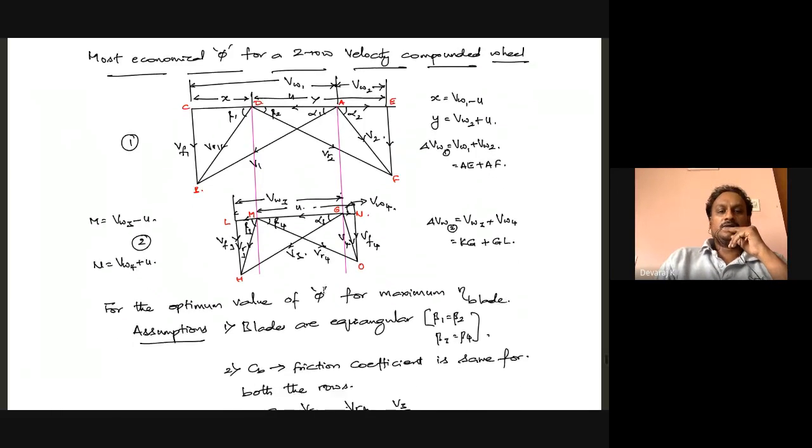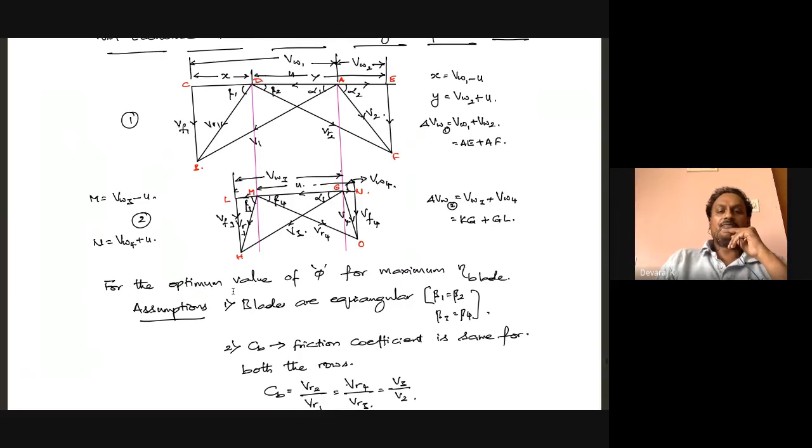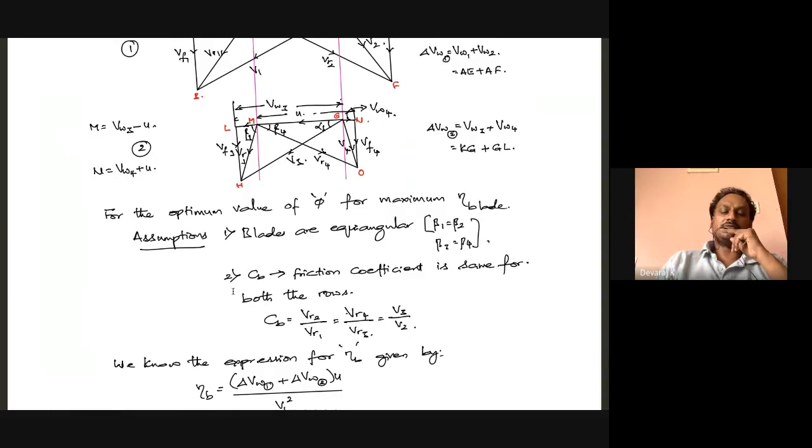For this optimum value of the speed ratio, this will be reflected in obtaining the maximum work done, or in other terms, the maximum blade efficiency. Let's look at some of the assumptions we have been making for these conditions.